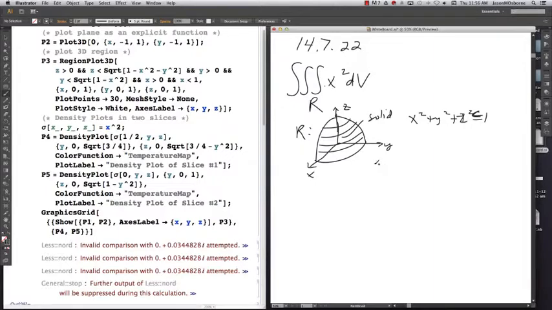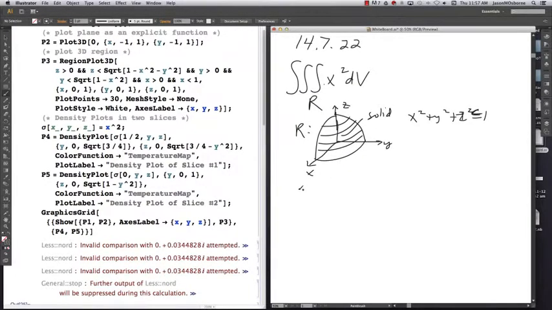What do we need to do? Because the region is some sort of spherical region, we definitely would like to get away from Cartesian coordinates. If you set this up in Cartesian coordinates, it's not too difficult to set up, but it could be a very difficult integral to compute. So let's set this up.